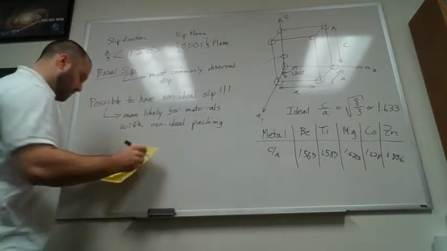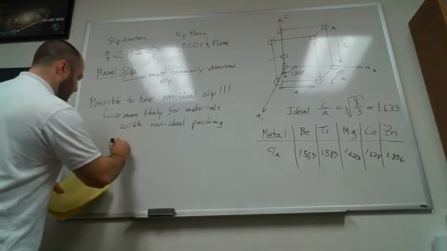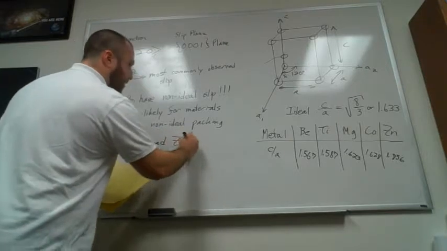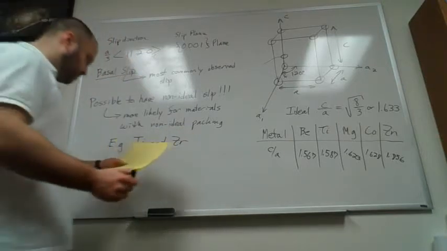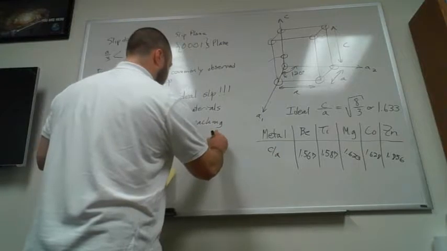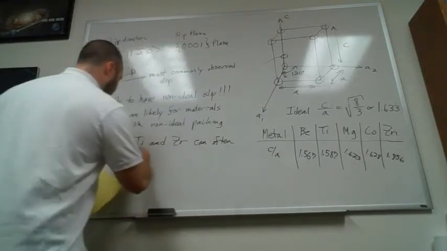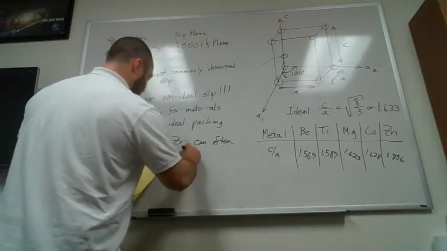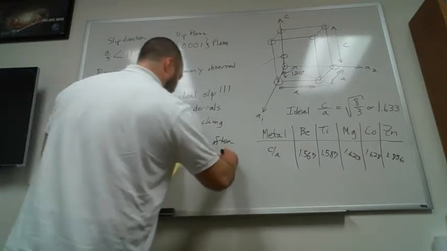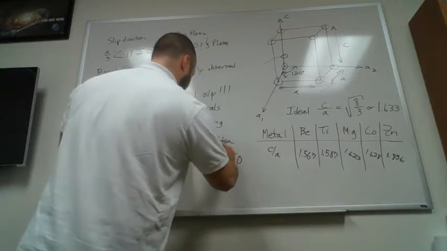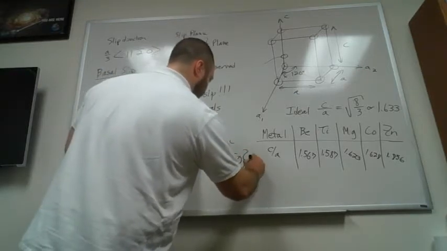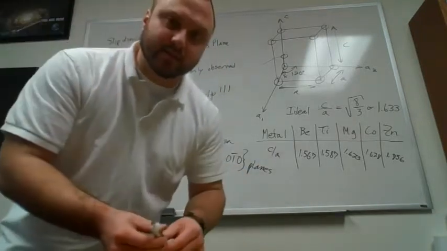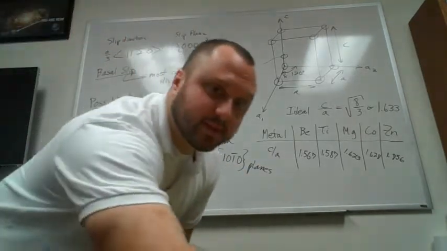So for example, titanium and zirconium can often exhibit slip on the (10-10) planes. Okay? These are those prismatic planes. So it's very common if you go into an experiment to see that.